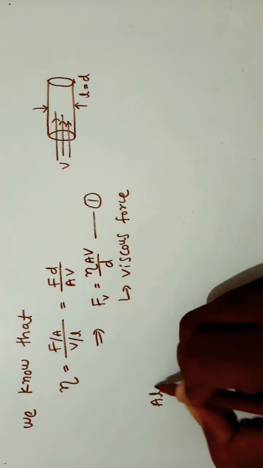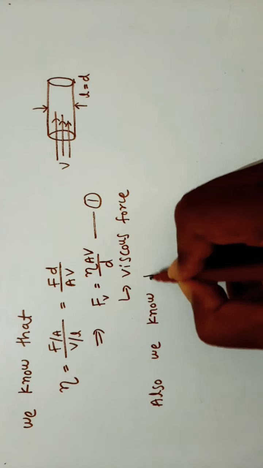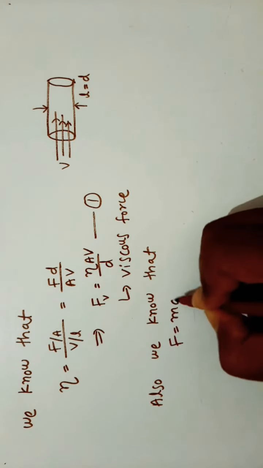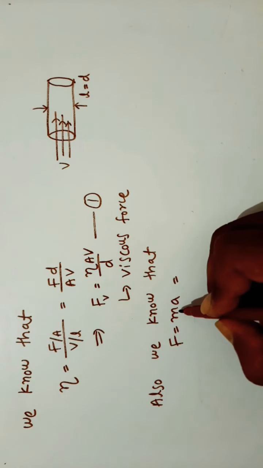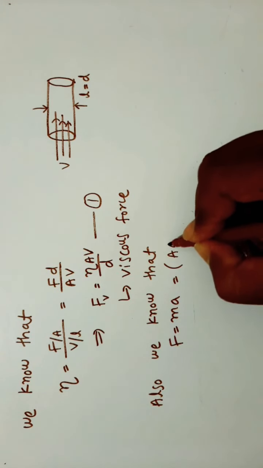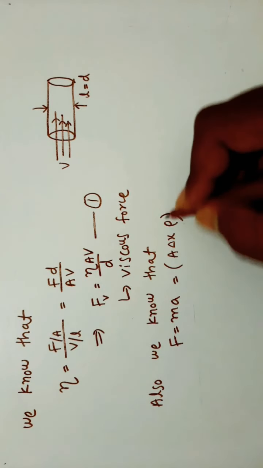Also we know that F is equal to m a. So here mass is equal to volume into density. Here volume is equal to area A into length, and density is rho.